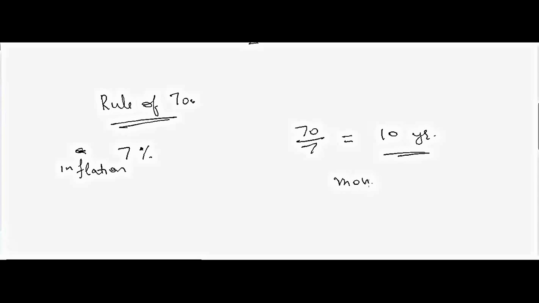So the money value is equal to half. You can do this in an accurate way by calculating 1.07 raised to the power 10, and that will be approximately equal to 0.5. So it takes around 10 years, if the inflation is 7%, for money to be half.